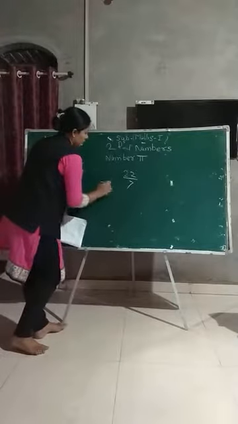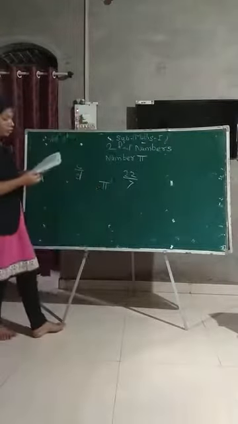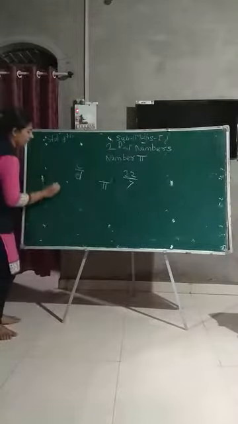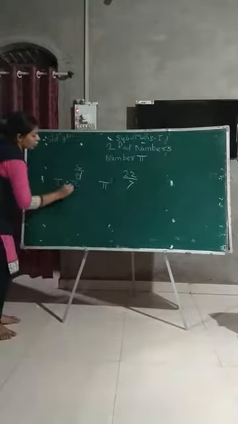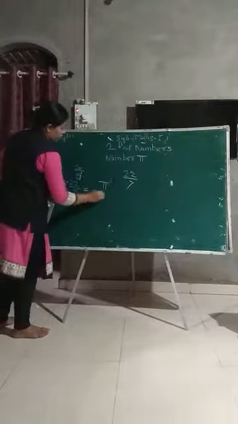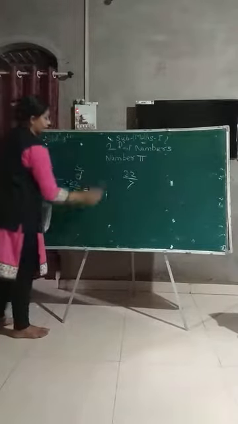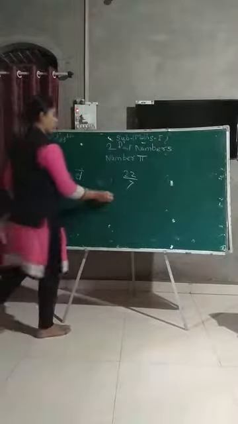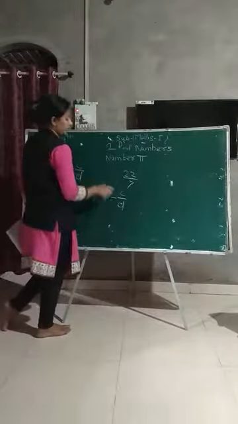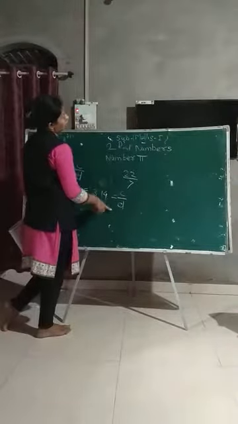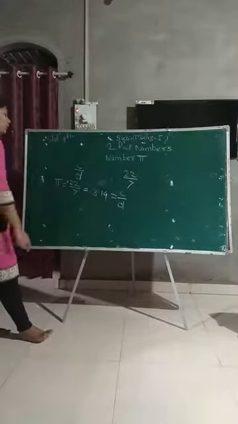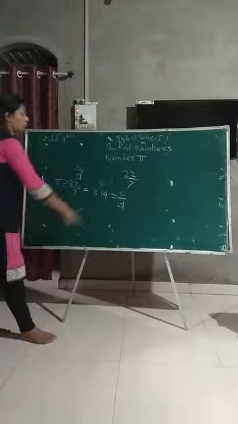The approximate value of pi is 22 upon 7, or 3.14, equal to C upon D. The circumference of a circle upon its diameter is always nearly equal to 22 upon 7 or 3.14.